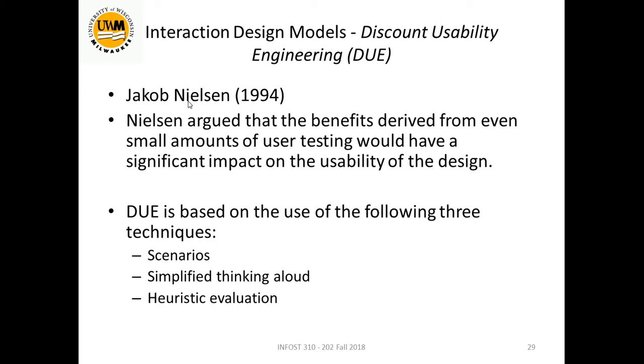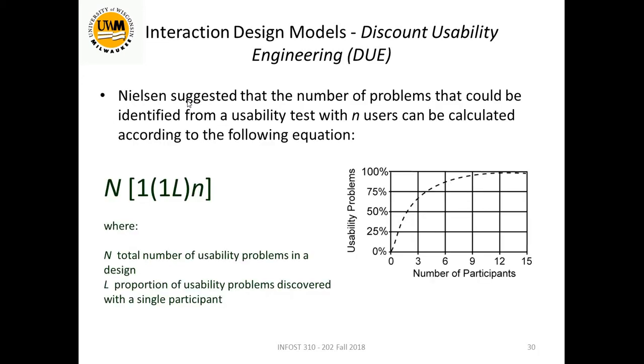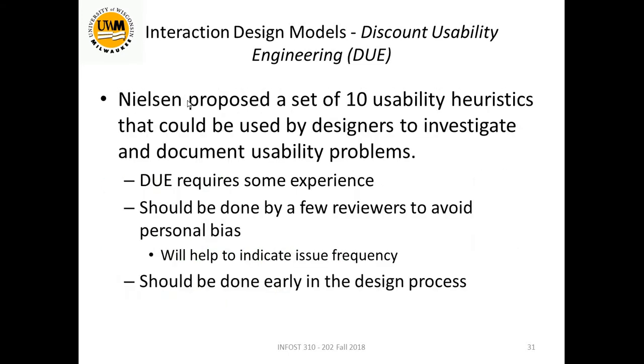Heuristic evaluations are evaluations that can be performed using a set of heuristic requirements. Nielsen proposed a set of 10 usability heuristics that we're going to discuss in future presentations. This will be discussed more thoroughly in the future presentations.